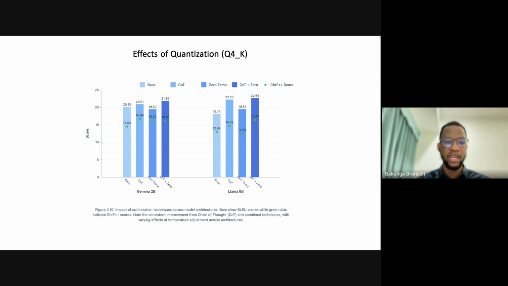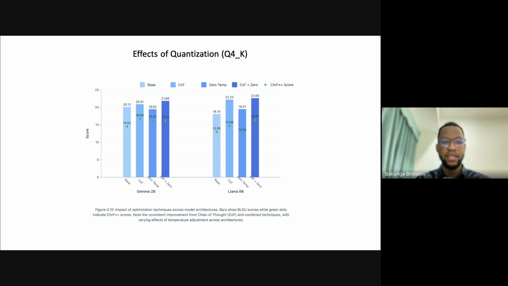So one thing is that the base model, the one which we have trained, was only able to achieve the BLEU score is going to be in the blue bars, and then the green dots are going to show you the CHRF++ score.